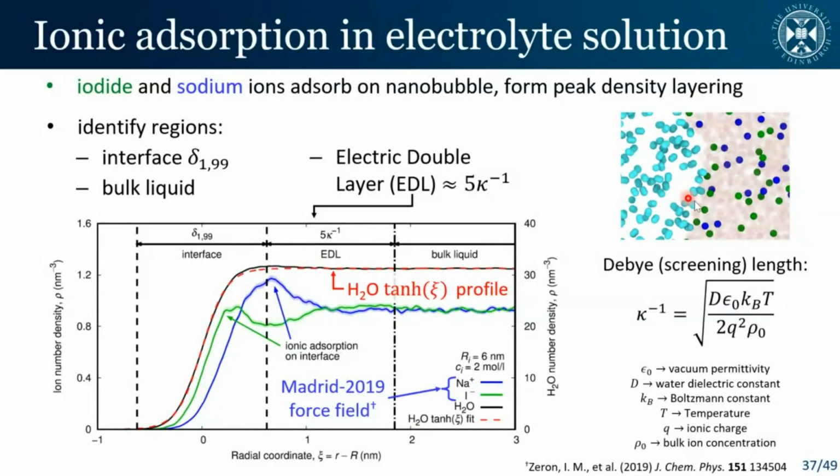Then just beyond the interface around here, we have this electric double layer region where we have this variation in sodium and iodide, which is not uniform, which then extends towards the bulk liquid phase, where we recover uniform ionic concentrations. And the width of this electric double layer can be characterized by the Debye screening length.